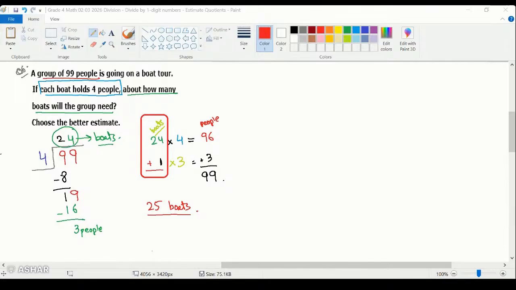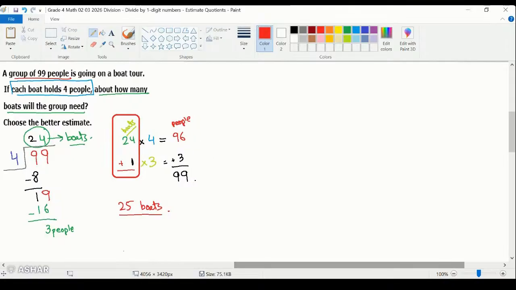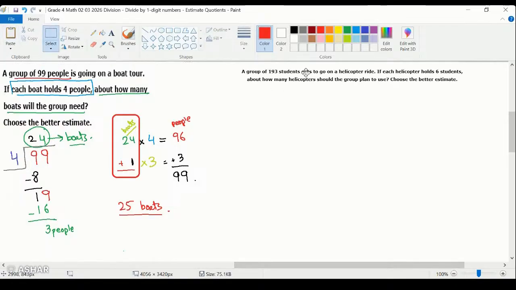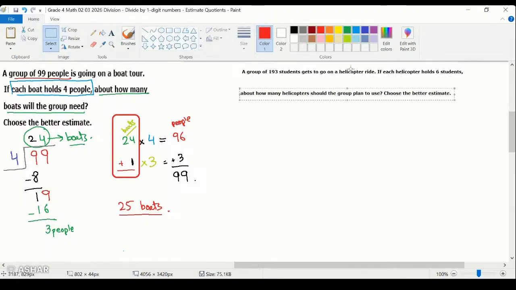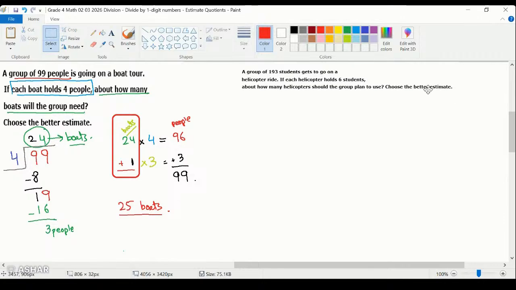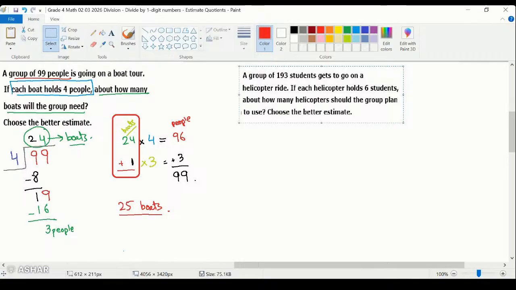A group of 193 students go on a helicopter ride. Just a moment, please. Let me realign this. Okay, the question says a group of 193 students get to go on a helicopter ride.